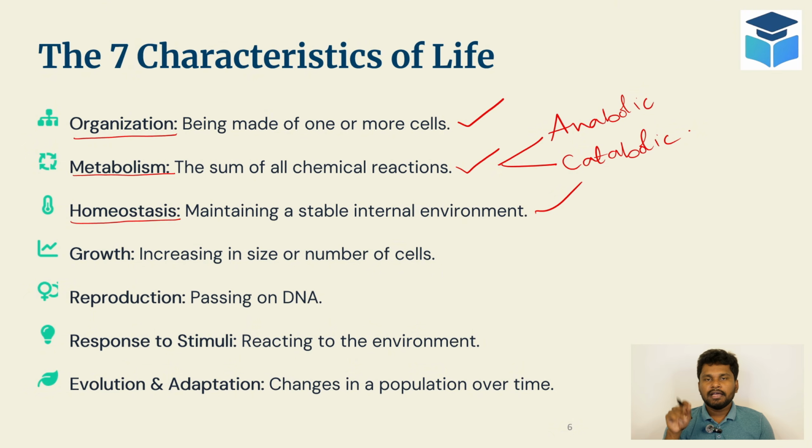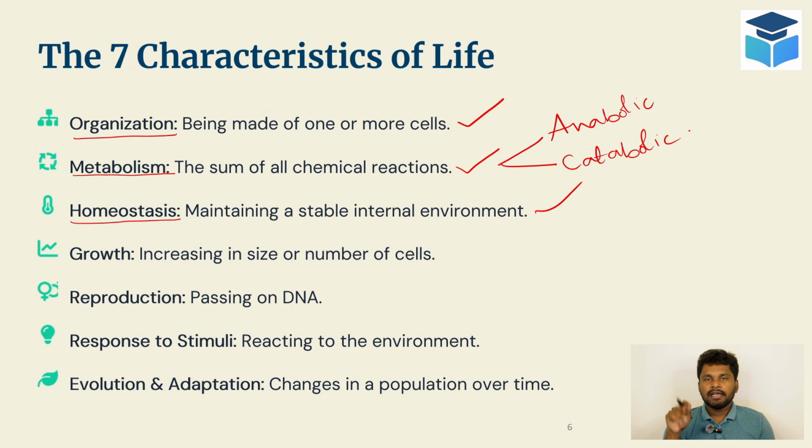Let us see the cellular levels of organization now. Atom. Atom is the smallest particle that you can find in this universe. Beyond that, you can't cut the matter. Clear? Next, atoms combine to form molecules. Molecules combine to form macromolecules, meaning little bigger molecules, and those macromolecules combine to form organelles.